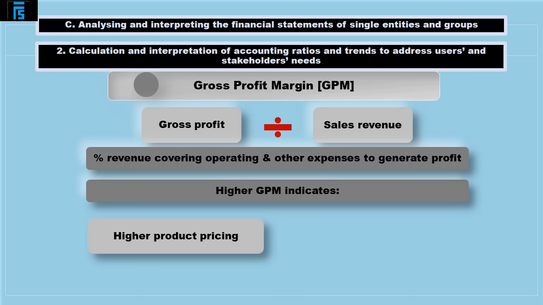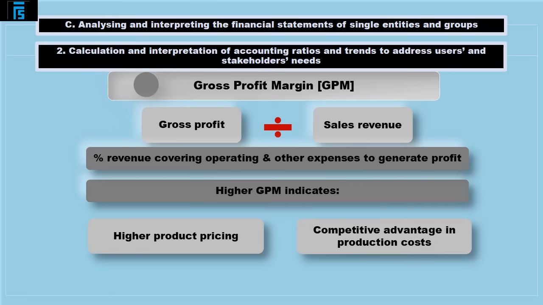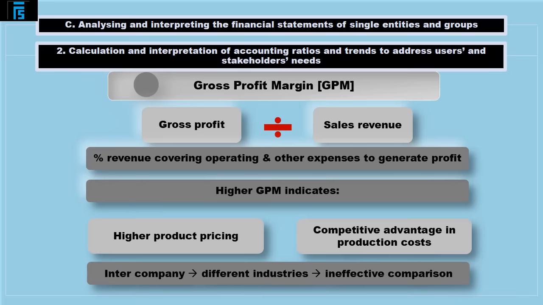If the company's products have a competitive advantage, for example, they have superior branding, better quality, or utilize some exclusive technology, the company will naturally be in a better position to charge more for them. On the cost side, higher gross profit margin can also indicate that a company enjoys a competitive advantage in production costs. It is important to stress that intercompany comparisons of gross profit margins rarely make sense across different industries.